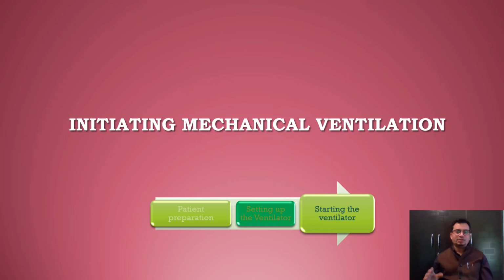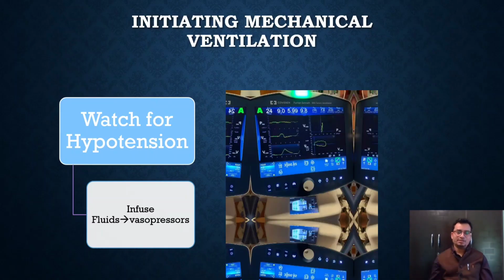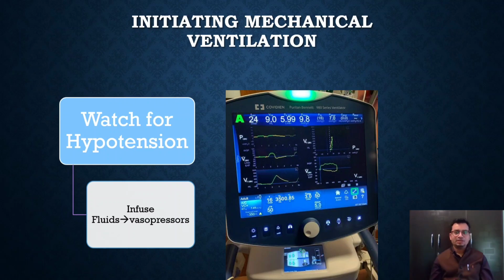Final step is to start the ventilation, and post ventilation observe a few variables. After mechanical ventilation is initiated, see whether the patient is receiving the set parameters. That's very important. And also check the blood pressure.